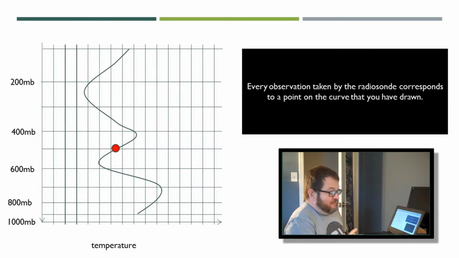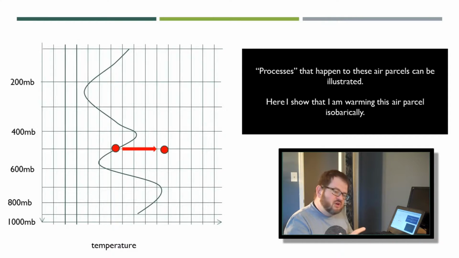And in fact, you can use this diagram to do calculations, or at least approximate calculations. We call that a process. We're going to be doing something like, what if we warmed the air, or lowered the air parcel, or moved it. Each spot on this diagram is an air parcel. It has a certain temperature and pressure. We can do things to warm it, or cool it, or lower it, or raise it.